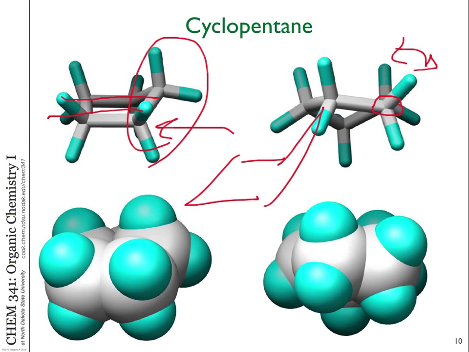So this can actually come down, and this one can go up, and that one can come down, and that one can go up. And so the overall energy is an average of all of those slight motions of the molecule. So each position at some point has that torsional strain being relieved. Just like in butane, when we looked at all the rotations, we're not fixing them all, because what you get overall for the energy of the molecule is an average of all of those conformations' energy.